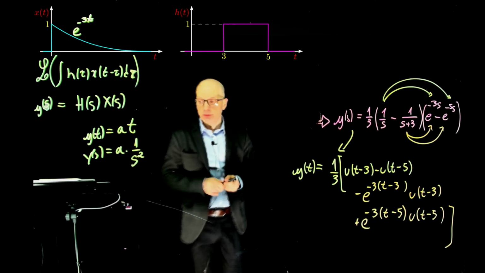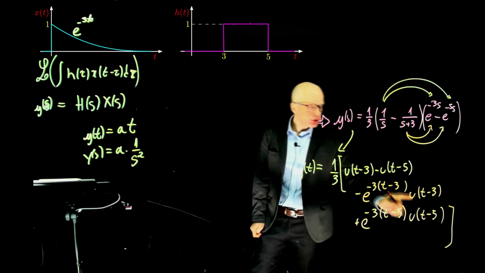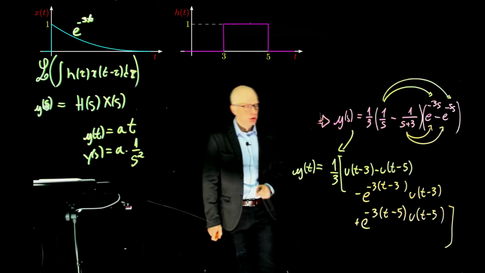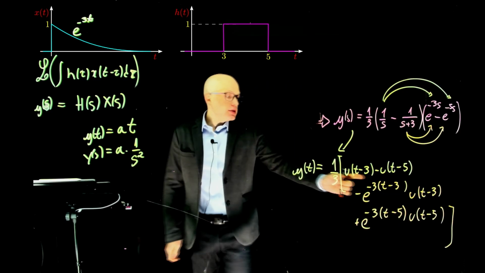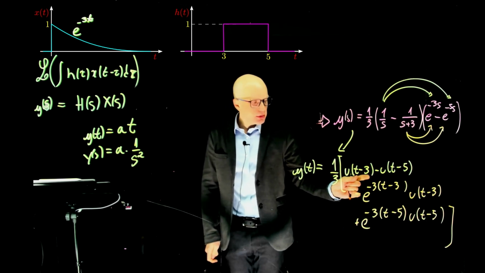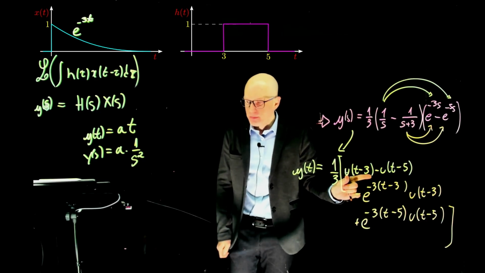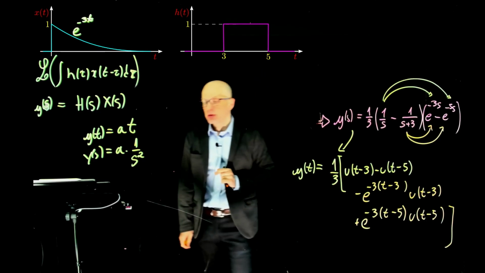This equation relates to that. So the first thing we can see in this equation is that we have 3 step functions all over. And this step function, for example, is 0 for t smaller than 3, because we have a negative value inside, and this function is 1 when t is greater than 3.